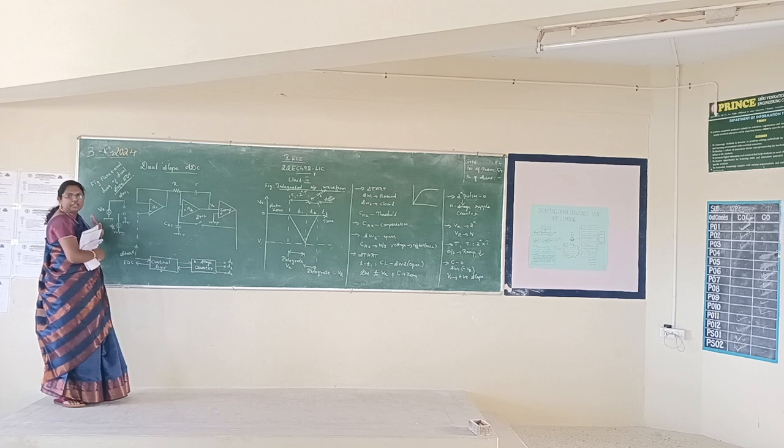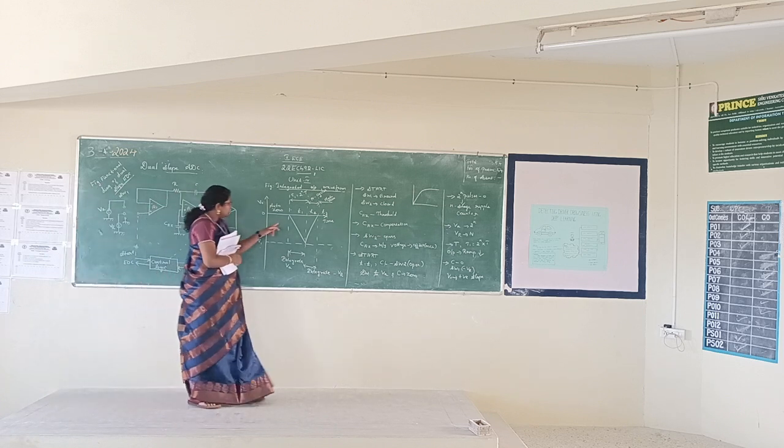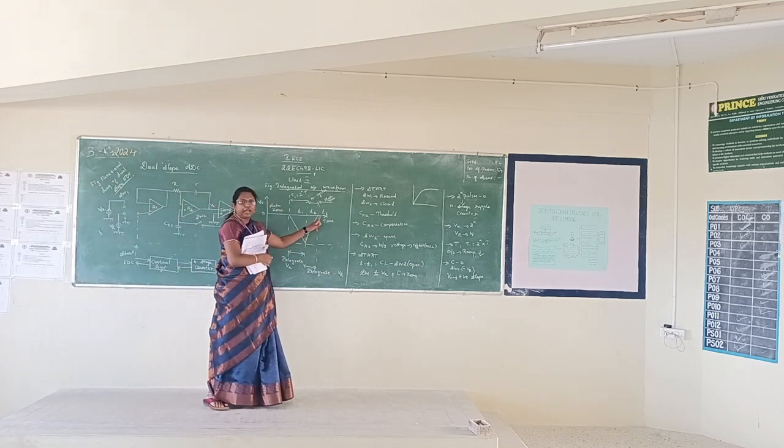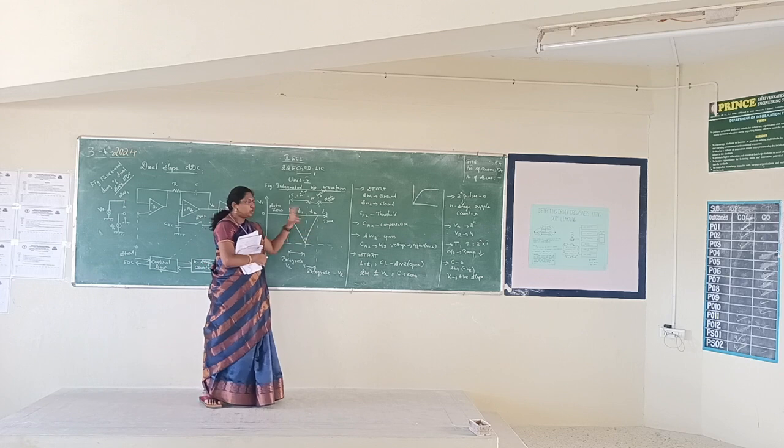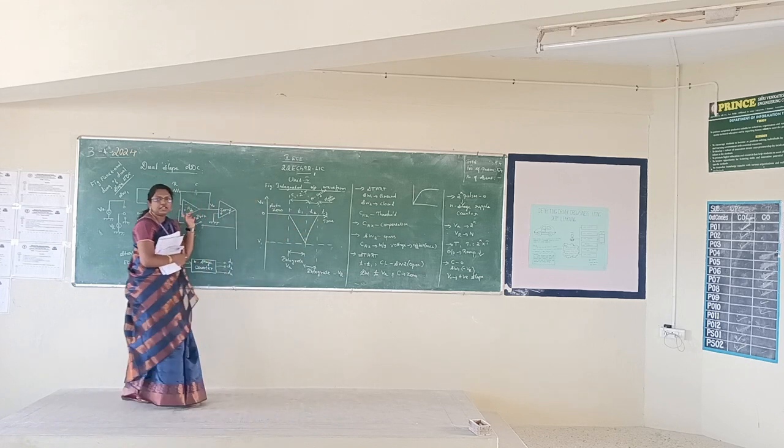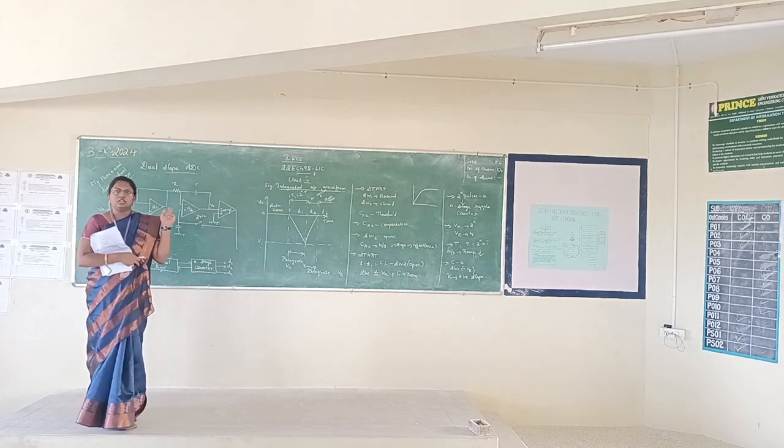We compare these two voltages and the corresponding output is generated. This is the corresponding output waveform. Here we have two slopes, and that is called the dual slope ADC.